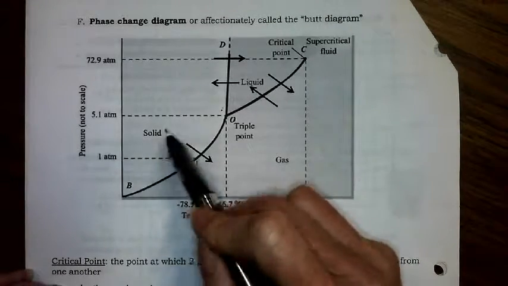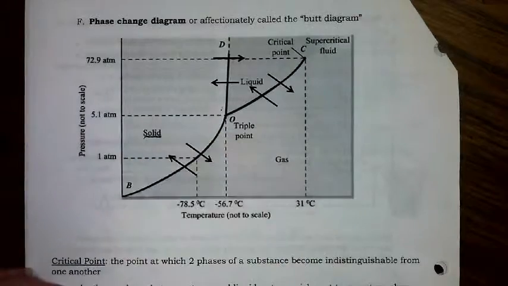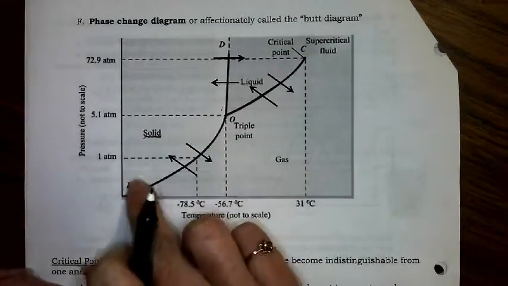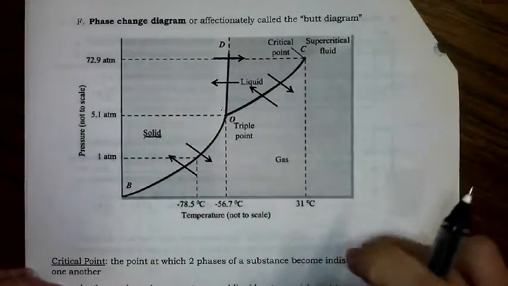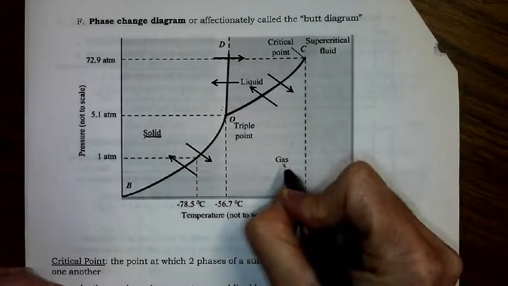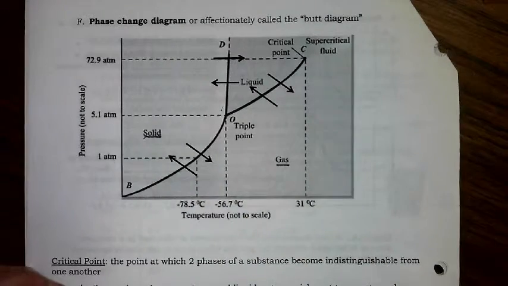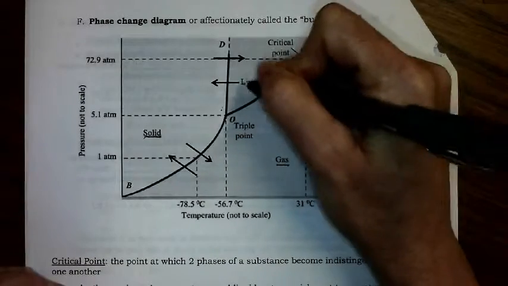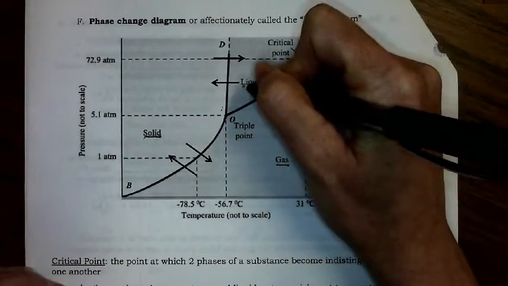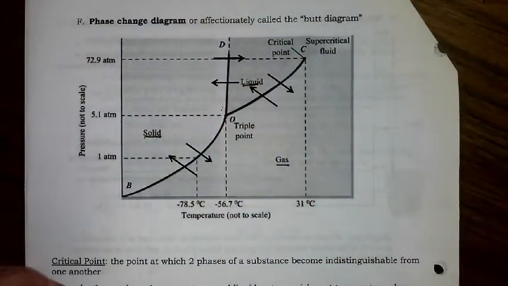So over here to the left is going to be your solid. Over here to the right, so this area outside of the butt, is a gas. And then the area up here in the top between these 2 sections of lines is a liquid phase.